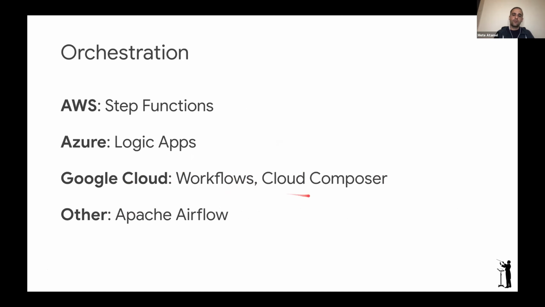And then Cloud Composer is more about orchestrating data pipelines. So if you want to do big data processing, then Cloud Composer helps for orchestrating that. And then there's open source project Airflow that Cloud Composer is based on. It's also mostly for big data processing. So there's also tools in this space as well.